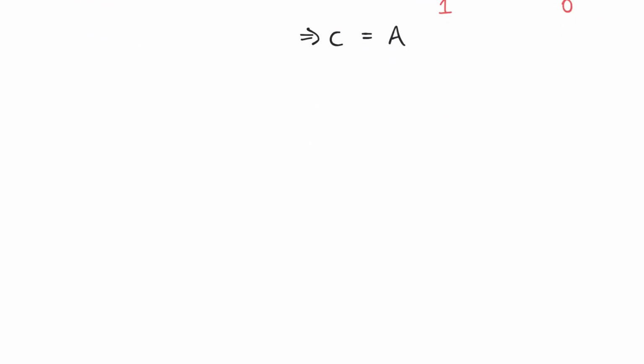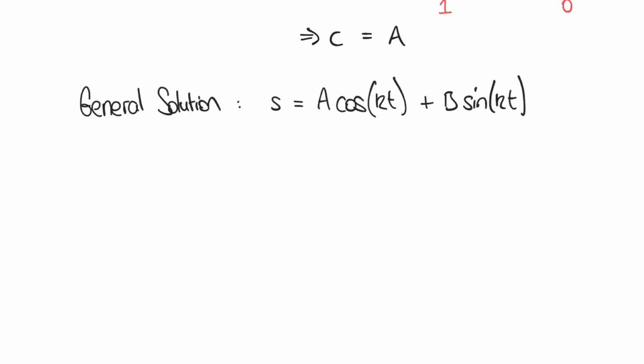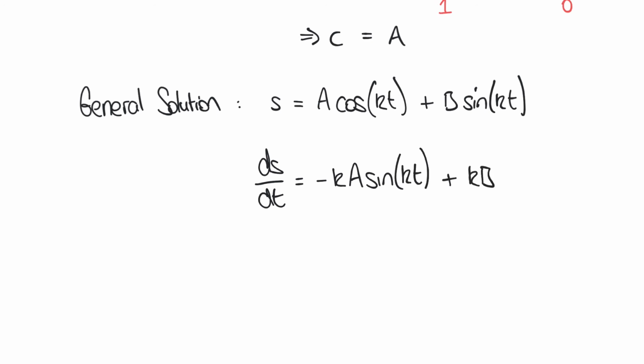And so here we're going to differentiate the general solution we saw before. S equals a cos kt plus b sine kt. And if we differentiate that with respect to t, we find that ds by dt is equal to minus k a sine kt plus kb cos kt.